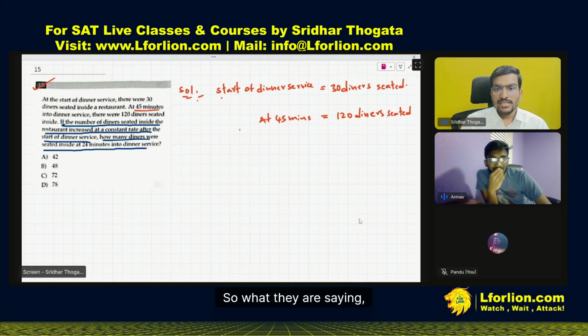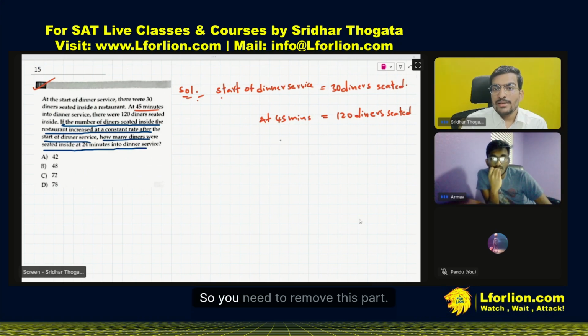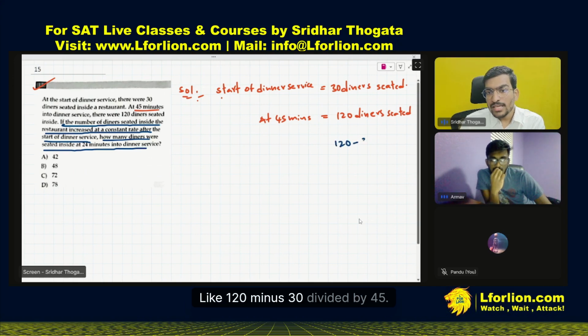So what they are saying is, if the number of dinners seated inside the restaurant increased at a constant rate after the start of dinner service, it's going with this rate. What rate is it going? So you need to do 120 minus 30 divided by 45.